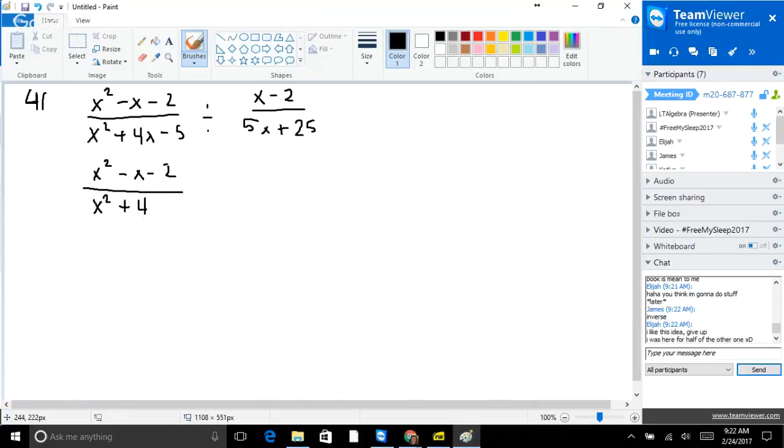When you're dividing a fraction, it's the same as multiplying by the inverse. And the inverse simply means to flip the numerator and the denominator. So x plus 5x plus 25 over x minus 2. So these are two equivalent problems.